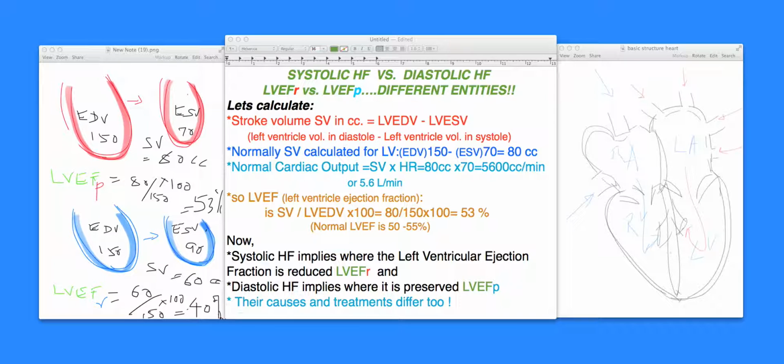And diastolic heart failure implies where it is preserved, like here. And remember, the causes are different, treatments are different, so the whole ball game is different between systolic and diastolic heart failures. I always say that they are two different creatures. These left ventricles are two different creatures, where you have a preserved left ventricle function and the other one is a reduced function.